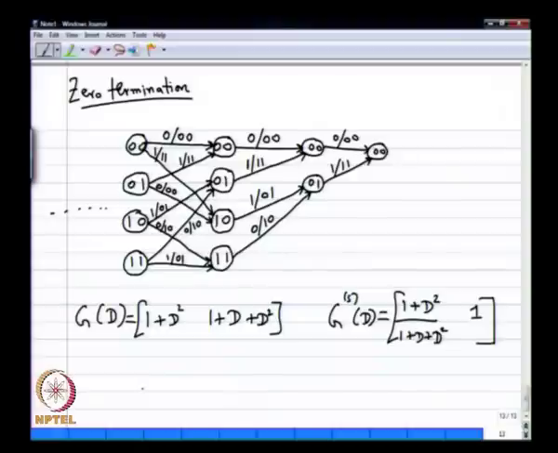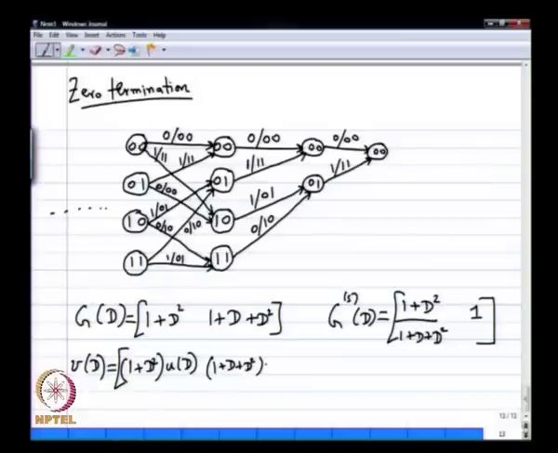Remember, how do I describe the code words that I get? If I want to talk about v of d, it is going to be 1 plus d squared times u of d and then 1 plus d squared times u of d.